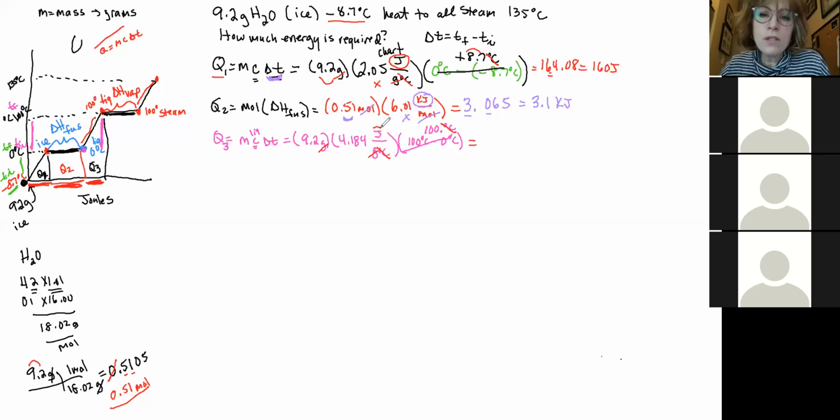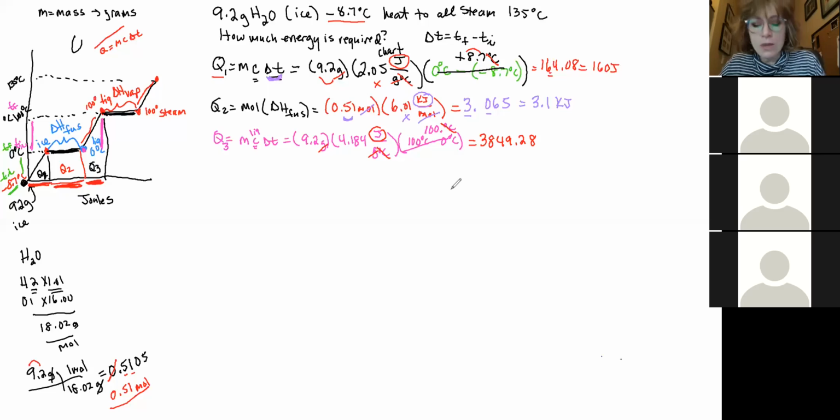My unit that's left is joules, and I just got to calculate it. So double check my math. I got 9.2 times 4.184 times 100, and I get 3849.28. Is that what you got? Hopefully.